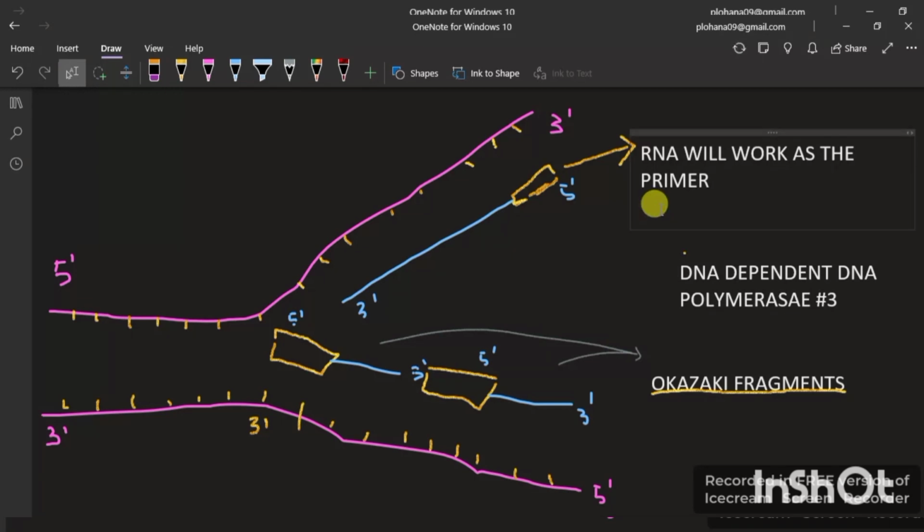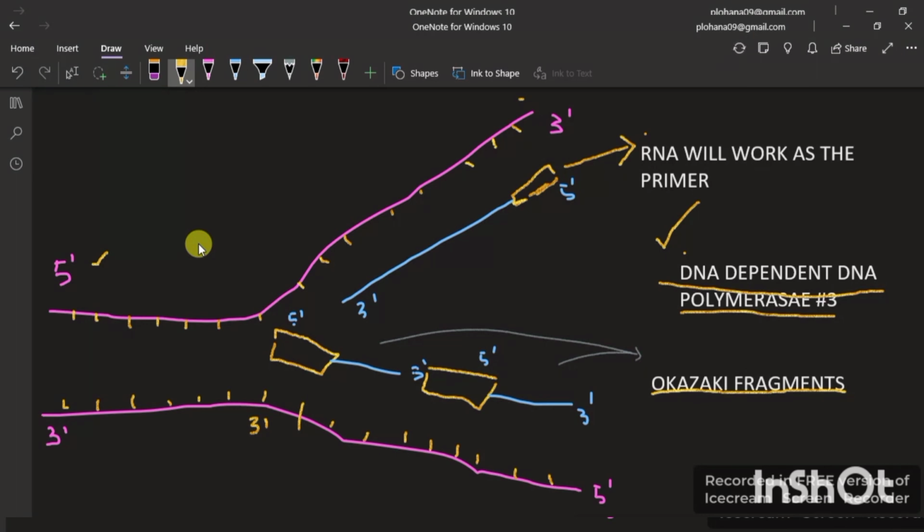First of all, it will always read the template strand from the 3' end to the 5' end. Let me mark here, DNA dependent DNA polymerase 3.